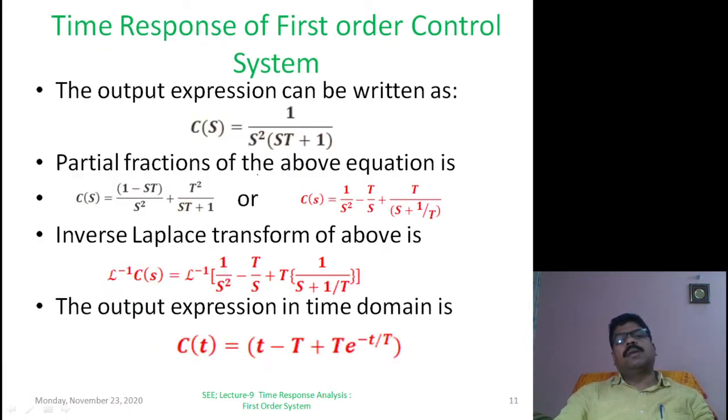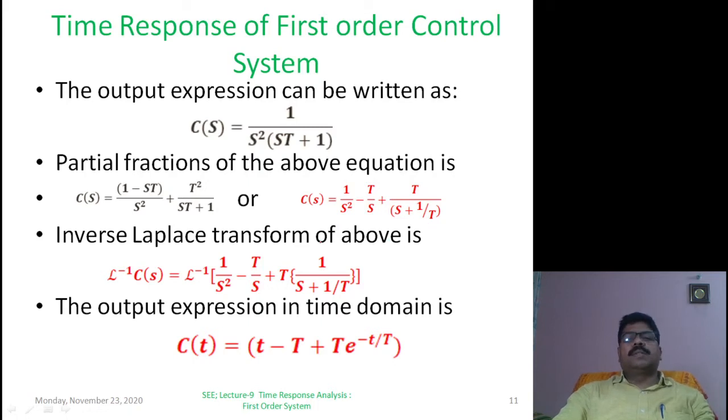Now putting the value of R(s), C(s) can be represented as 1 upon s square into (sT plus 1). On partial fraction, you can obtain C(s) equal to (1 minus sT) upon s square plus T square upon (sT plus 1), or further it can also be written as 1 upon s square minus T upon s plus T upon (s plus 1 by T).